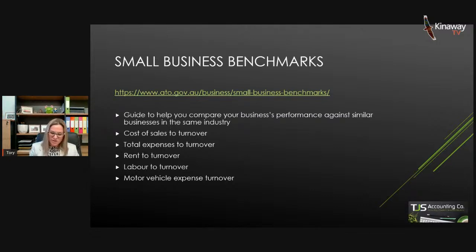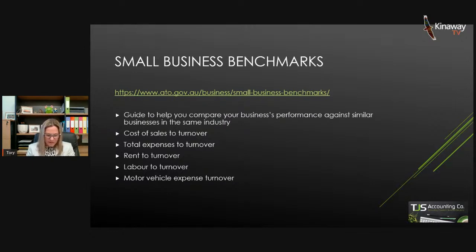Performance benchmarks are financial ranges for your industry that help you work out how you compare to others, and if you need to make any changes or improvements. There are two types of performance benchmark ranges that the ATO utilise, obviously by way of income tax and the activity statement, so what you're lodging to the ATO.